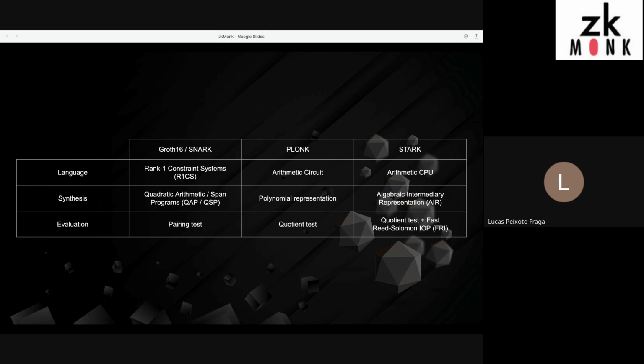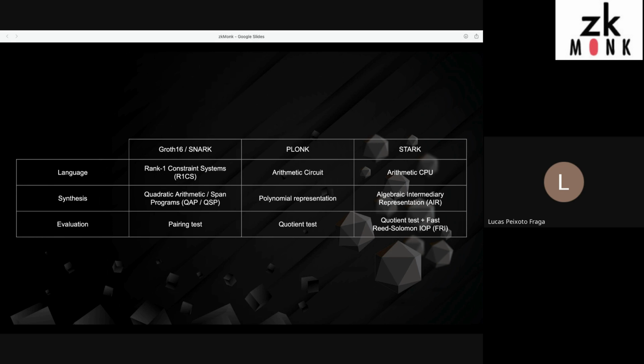PLONK uses an arithmetic circuit as its language. Then it compiles this circuit to a polynomial representation and uses a quotient test to verify whether these polynomials match the program, the problem and the solution. STARKs use an arithmetic CPU, which is similar to an arithmetic circuit but gives us more freedom.